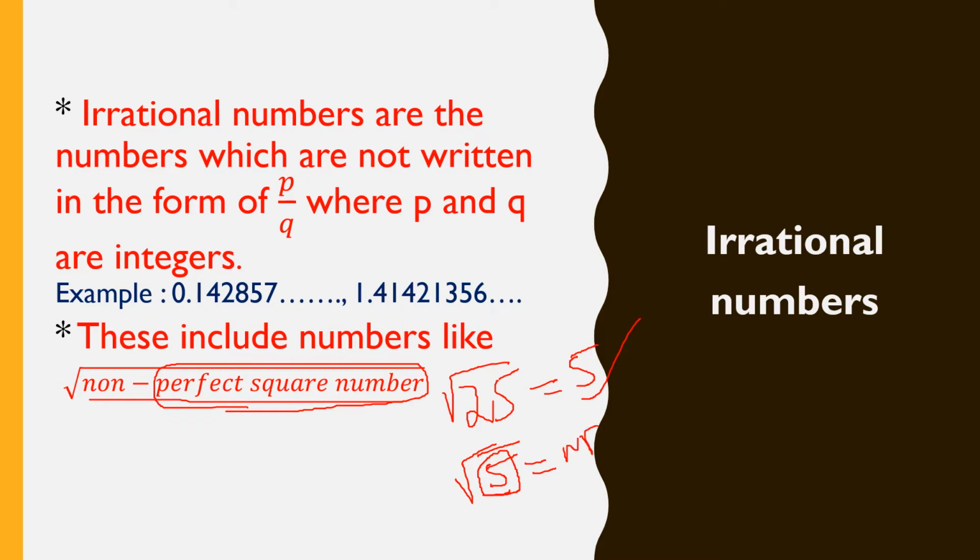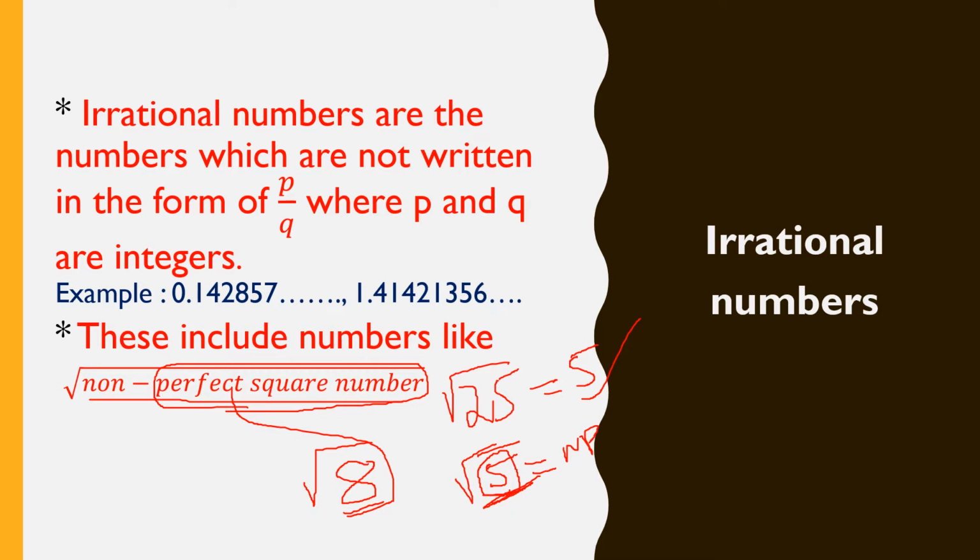Children, one thing you should remember: you may be confused that roots of non-perfect square numbers are prime numbers only, but that is wrong. If I take under root 8, this 8 is not a prime number, but it is a non-perfect square number.